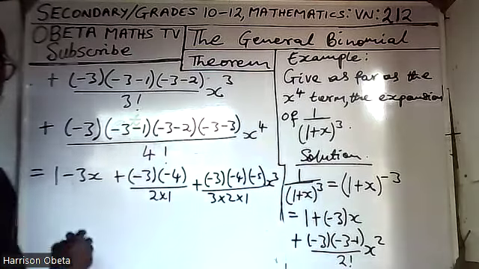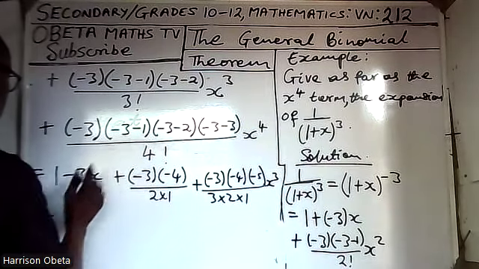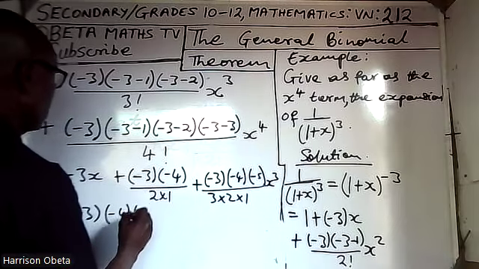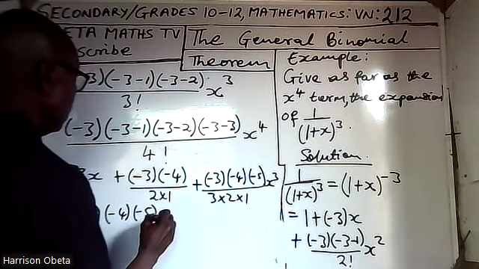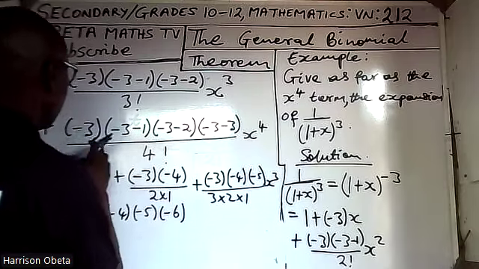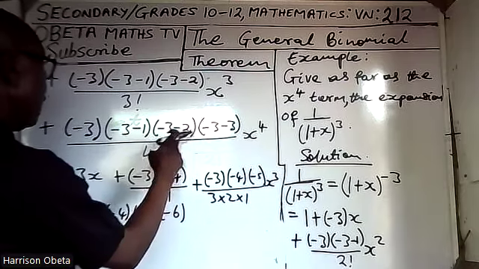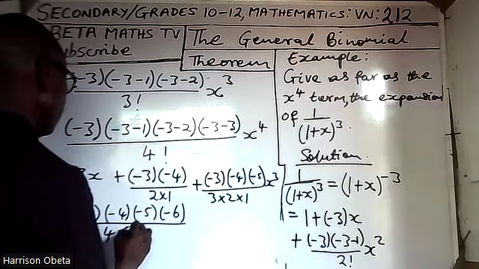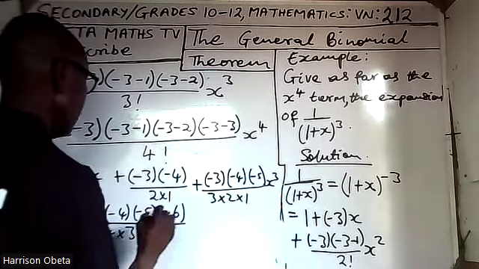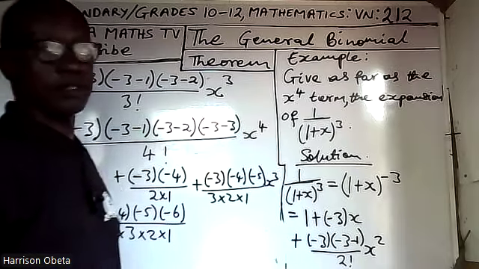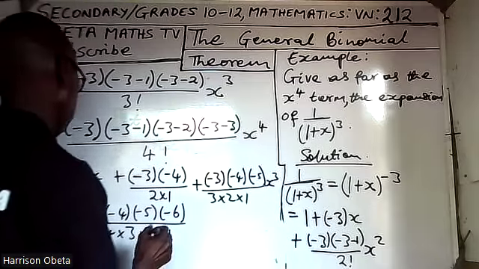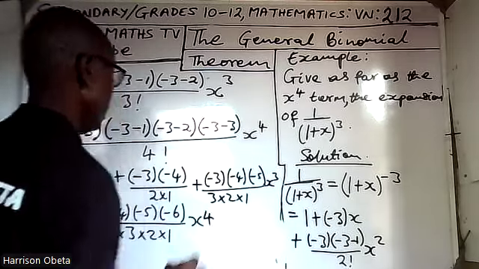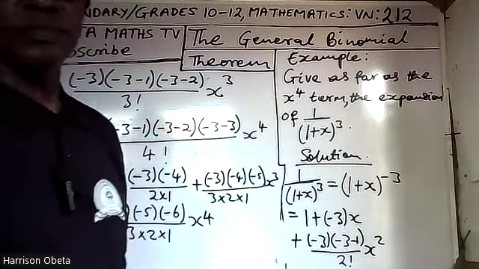And then finally, we have plus (minus 3) into (minus 4) into (minus 5) into (minus 6), all over 4 times 3 times 2 times 1, that is 4 factorial, and then x raised power 4.